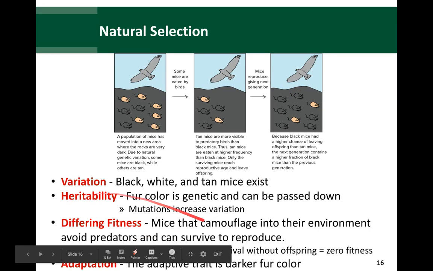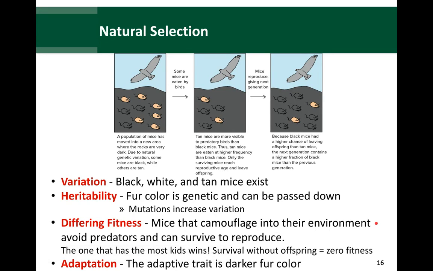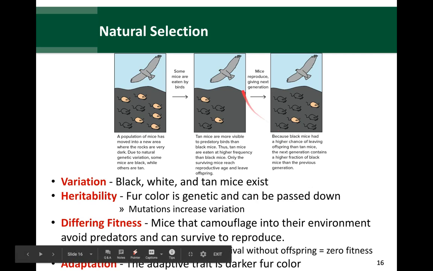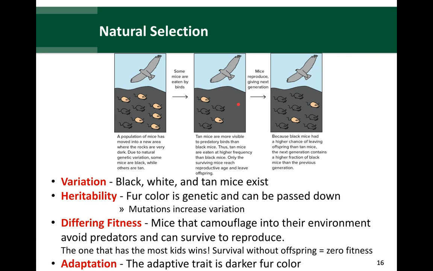So heritability, the most important idea there is that it's a genetic trait. It can be passed down. So as the predator is going over the environment, there's an observed differing fitness. So we see that the mice that camouflage into their environment can avoid predators and can survive to reproduce. The one that has the most kids wins. So we said this previously.